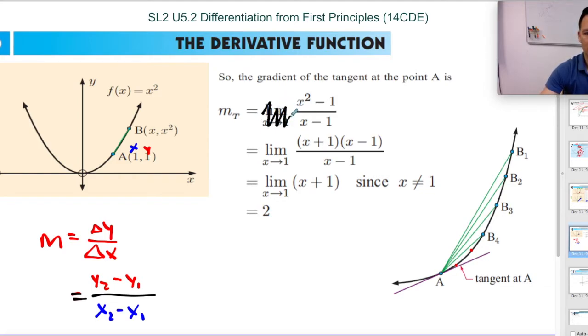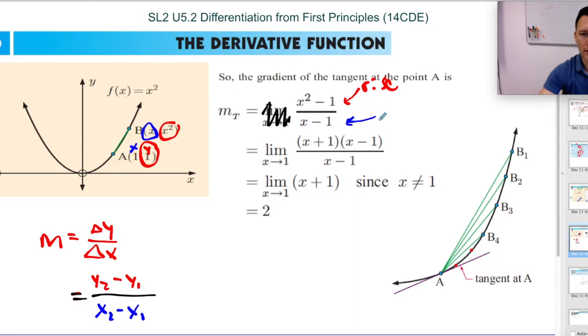So don't worry about this limit for a second. This says, hey, what's the slope of this line? Well, it's the y values subtracted. So here's y2 minus y1. This is just rise. And here's x2 minus x1.